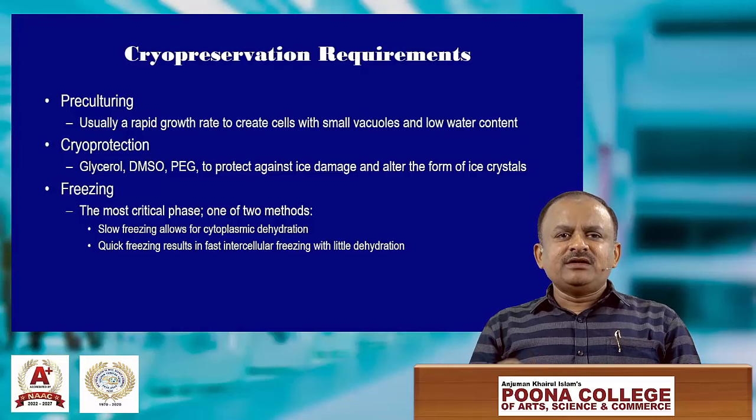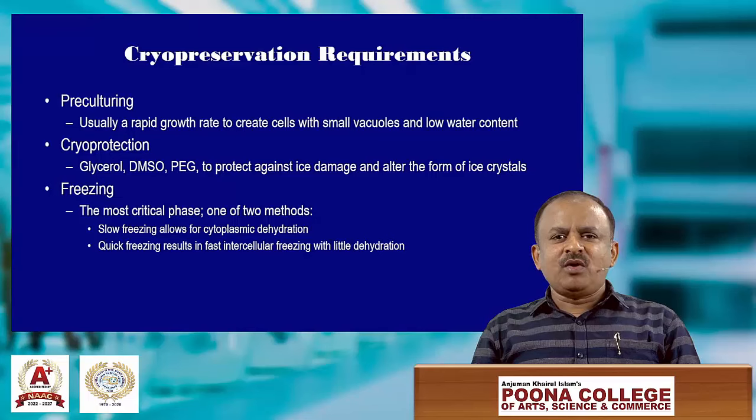What happens exactly in pre-culturing? Usually a rapid growth rate to create cells with small vacuoles and low water content. Then cryoprotection, which can be done with the help of glycerol, DMSO, PEG to protect against ice damage and the formation of ice crystals. So we have to avoid this ice crystal formation.